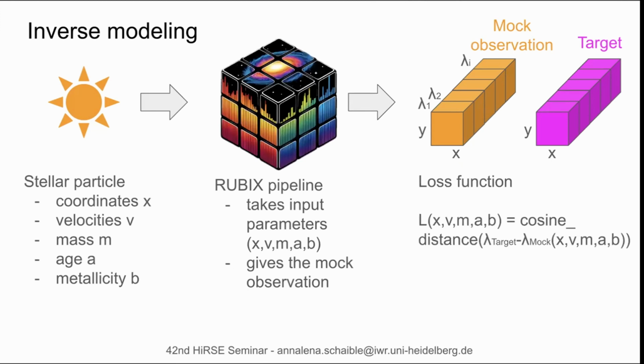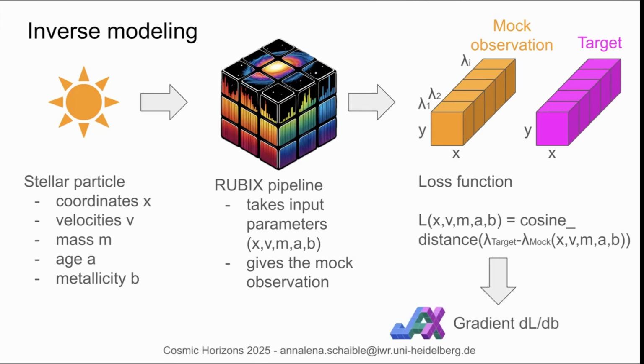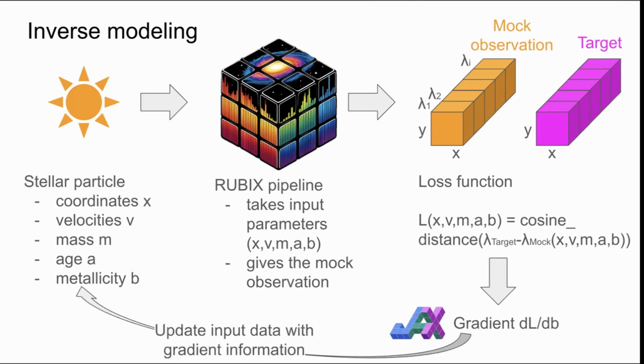To achieve this, we define a loss function where we use the cosine distance and compare how different both spectra are. And then we can compute the gradient with respect to the loss function. And with this gradient, we can then update the input parameters, so our physical properties of the stellar particles, and then run the pipeline again, and adjust our mock observation to our target observation.